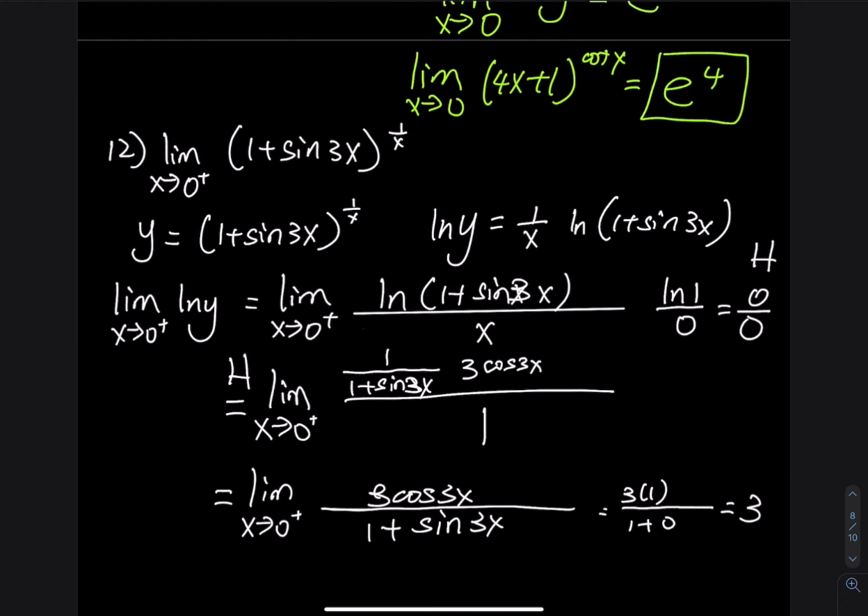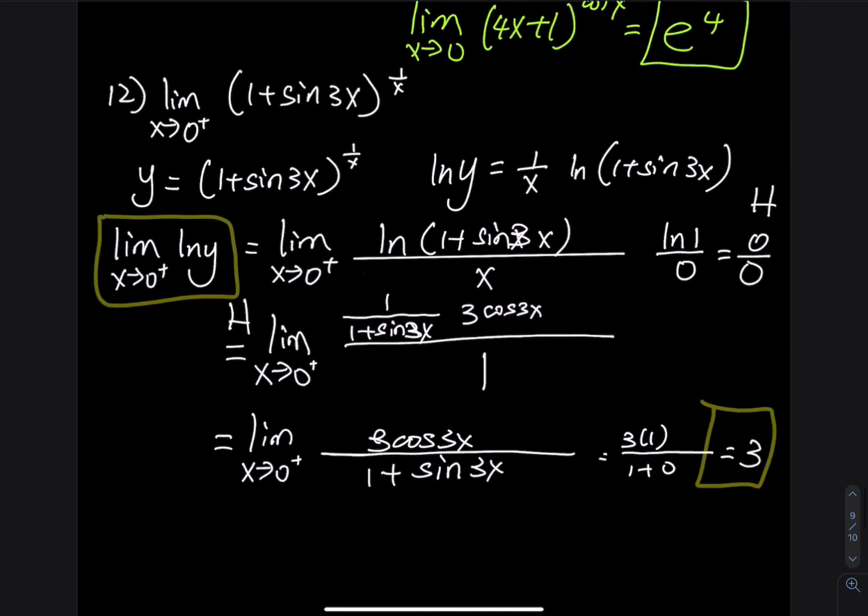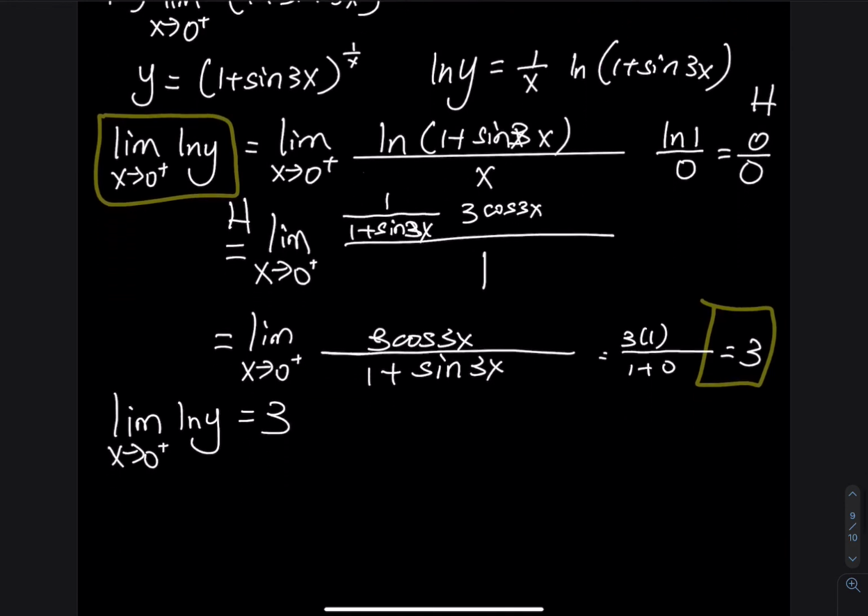And then we borrow our highlighter. We have this quantity equal to 3. And then we bring it down. So we have limit as x approaches 0 from the right. We have ln y equals 3. And then we take e raised to both sides. Limit as x approaches 0 from the right, e to the ln y equals e to the third.